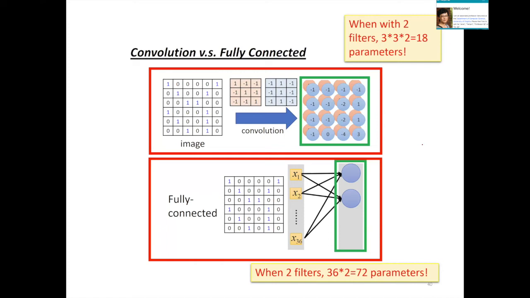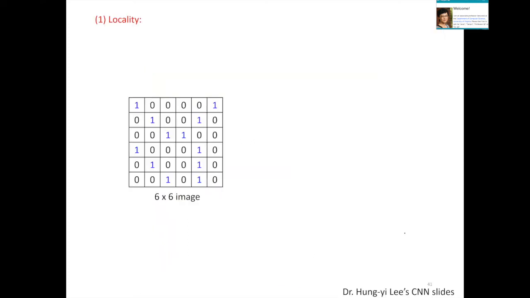I set h equal to 2. And then this needs 36 times 2, actually 72 total parameters. It needs much more parameters, but seems to keep much less information because there are only 2 outputs in this type of formulation. Let's look at it even more concretely.